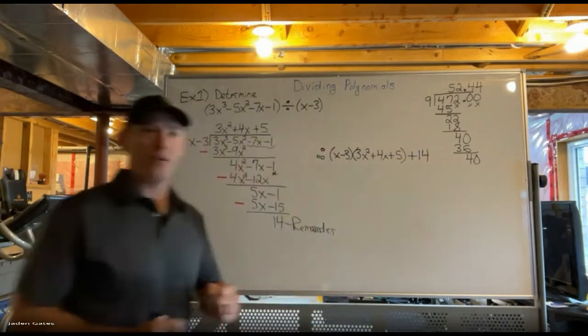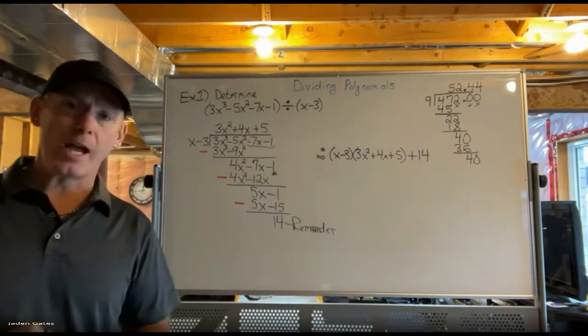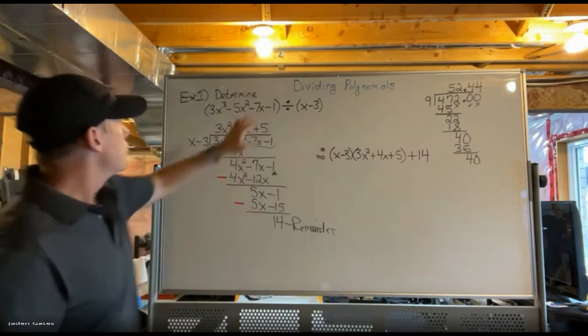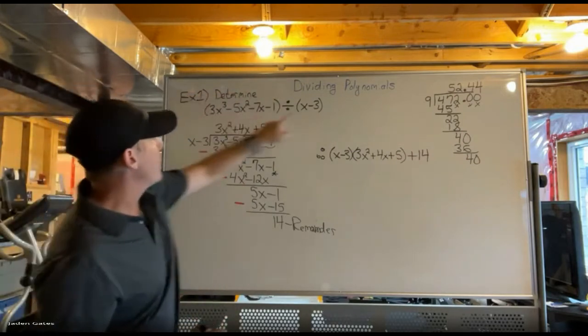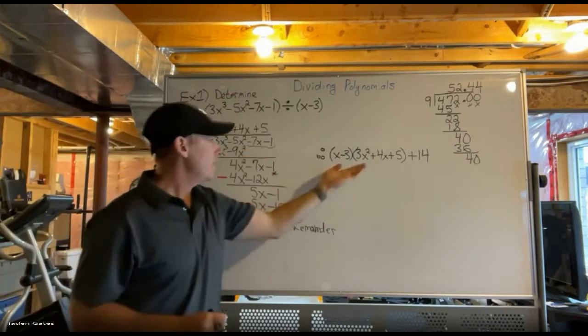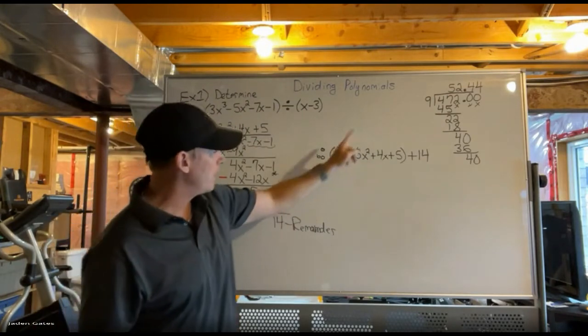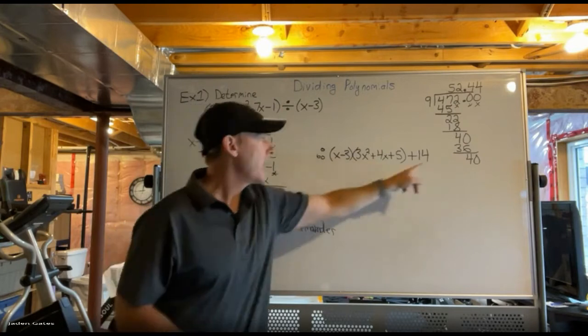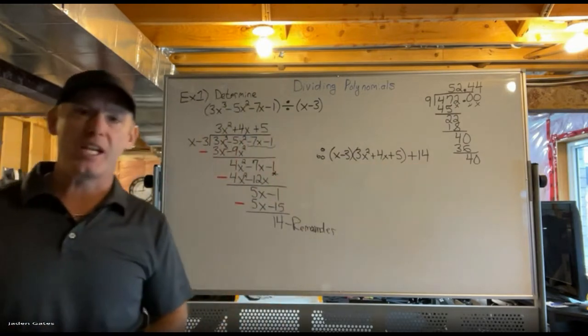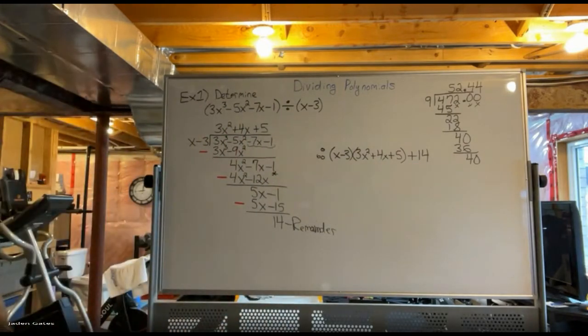Because, again, the key here is that multiplying is the opposite of dividing. So if I took this polynomial and divided it by this, it would be the same as if I went the opposite way and took this polynomial, multiplied it by this polynomial, and, oh, by the way, we've got to put the 14 in there. Add the 14 at the end.